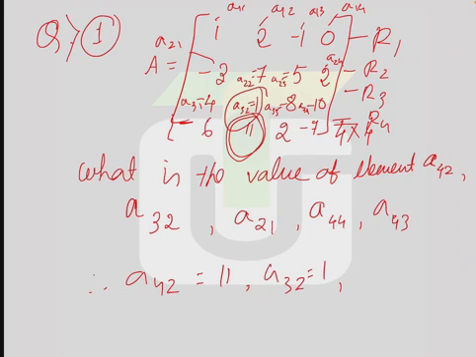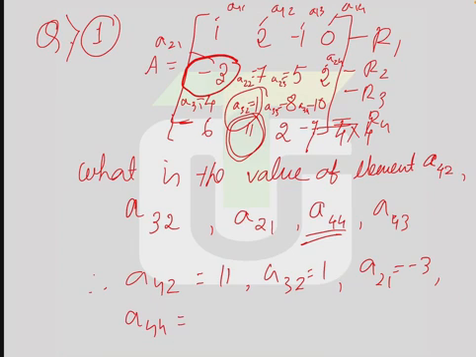Okay, so next one, A21. 21 means row 2, column 1. So this one, A21, right? So A21 is equal to minus 3. Okay, and next one is A44, right? A44 is what? Row 4, column 4. Clear?